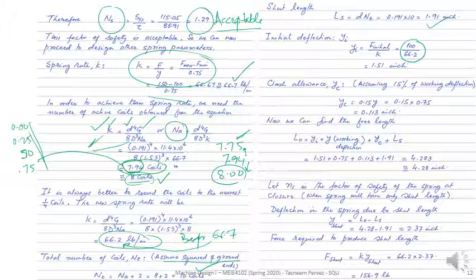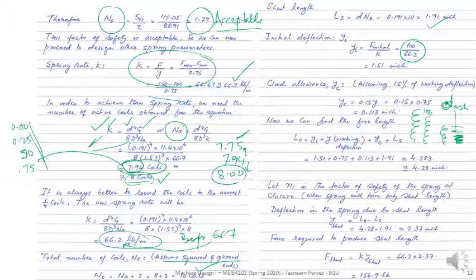And that's very interesting because I take a spring, I apply an initial load, which is how much here? 100. Then I apply a maximum load, so it goes to this. And then, if you remember in this one, I said a clash allowance to prevent clash before it goes to the solid height.